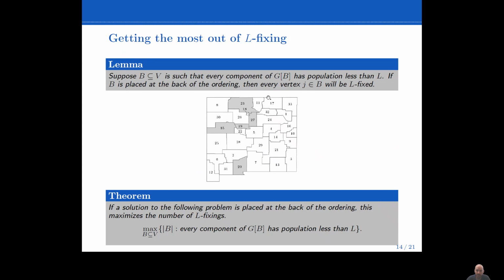Here we have 2 components, this big one and this small one. Both of those components have population less than L. So if we place those counties at the back of the ordering, then every one of them will be L-fixed. It turns out that among all possible orderings, placing a maximum such B at the back maximizes the number of L-fixings.